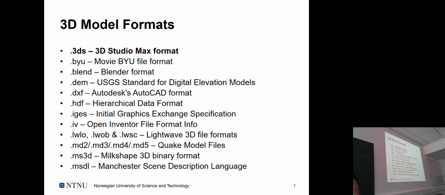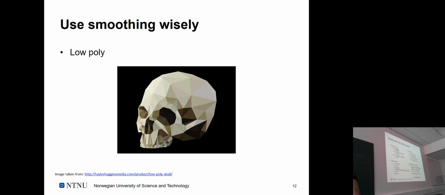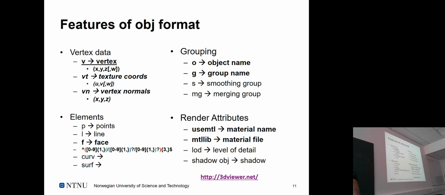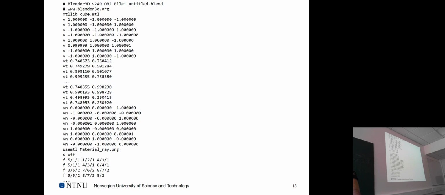Yeah, that's more or less it. We have talked about low poly. Yeah, this is just an example from OBJ, but I think the content itself is more or less clear.